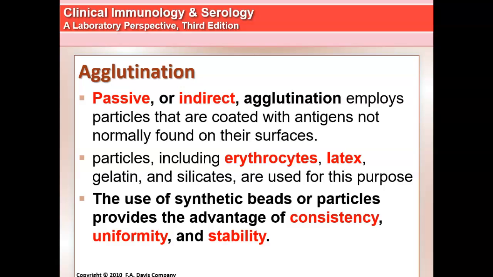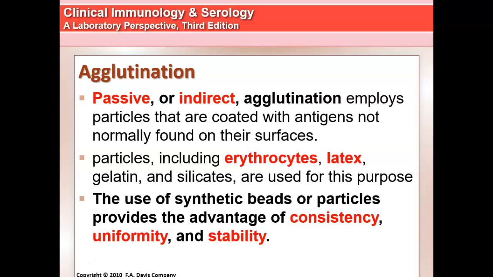Agglutination reactions can also be passive or indirect, and this method uses particles that are coated with antigens not normally found on their surfaces. Again, particles used can be red blood cells, latex, gelatin, silicone particles. They can all be used for this purpose.